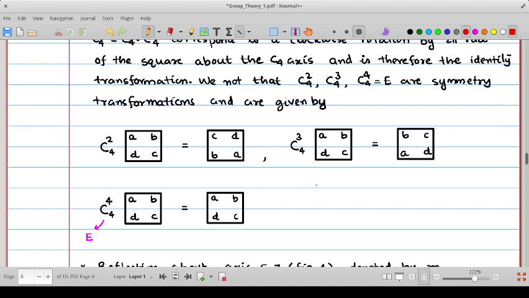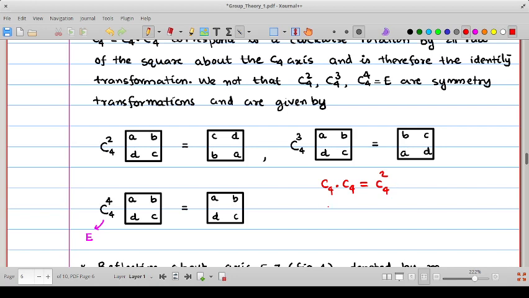Now, writing a C4 rotation followed by another C4 rotation as C4 composition C4, which we call C4 square, we also know that this is a rotation of pi radians about the C4 symmetry axis.